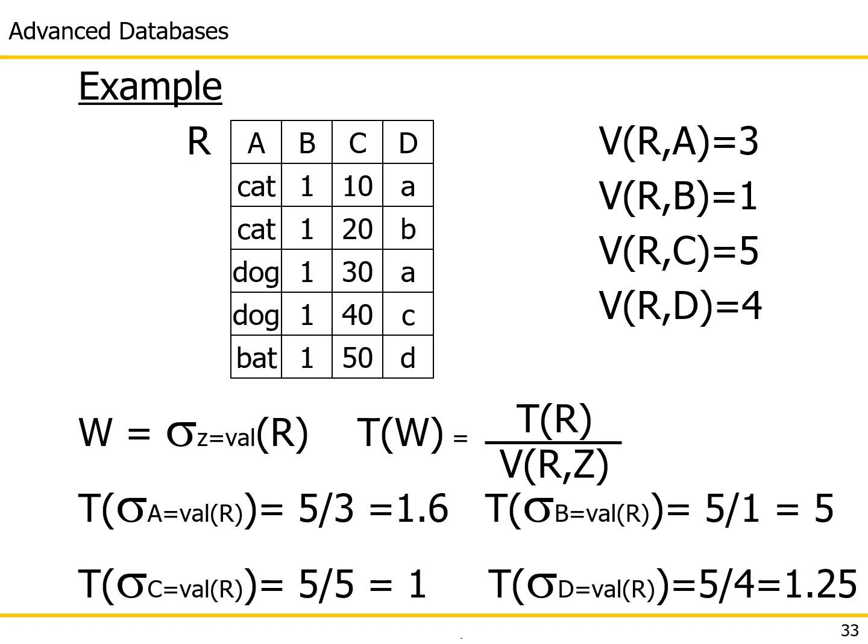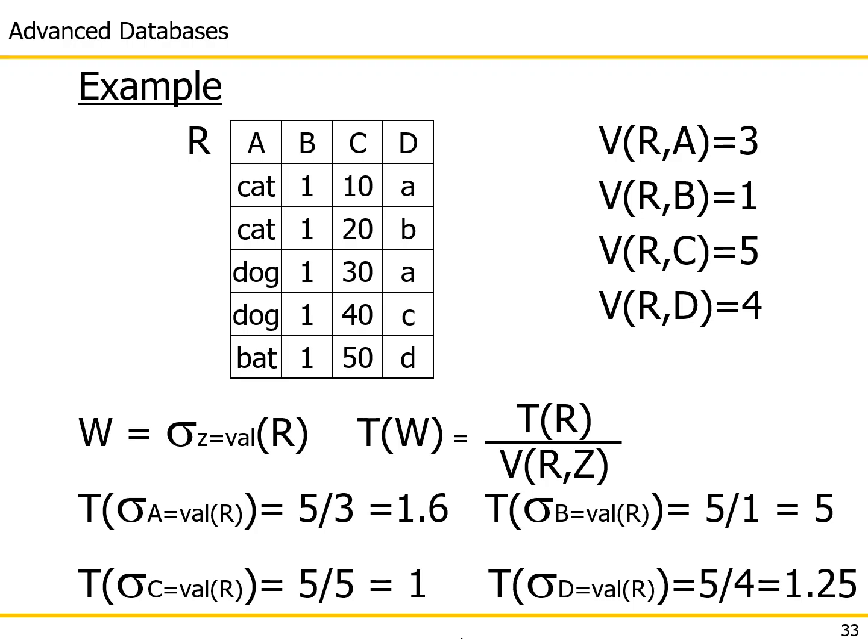If I get a query on A, it's going to be 1 over 3 multiplied by 5, where 5 is the number of rows. If I get a query on B, it's going to be 1 divided by 1 multiplied by 5. On C, it's going to be 1. On D, it's going to be 1.25.